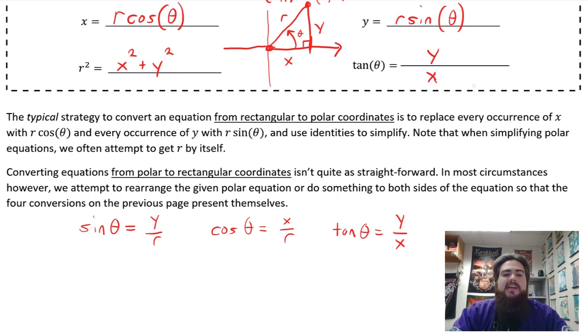By that we mean take your equation in polar coordinates and apply various operations to both sides in order to see r times cosine or r times sine or r squared show up, and therefore we can then use those to simplify and replace with rectangular coordinates.